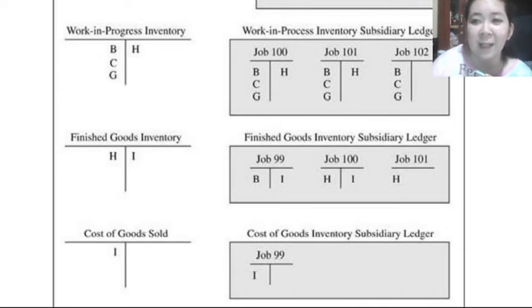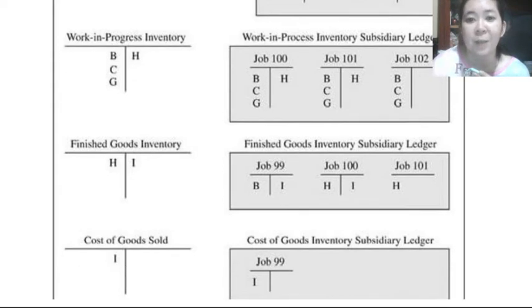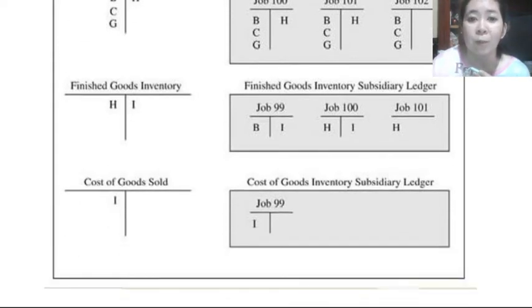That's why we debited I in cost of goods sold. For finished goods inventory, we also have the subsidiary ledgers on which jobs are already finished, as well as the cost of goods sold ledgers for what jobs were already sold.